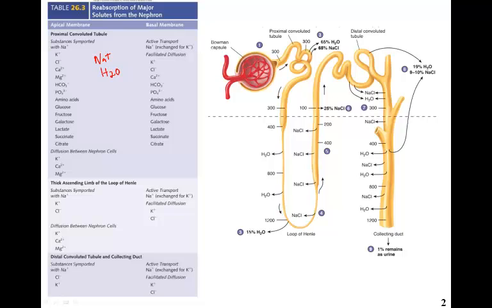Okay. Sodium and water are the ones whose reabsorption is the most carefully controlled. We'll spend all of the next lecture talking a lot about sodium and water regulation.